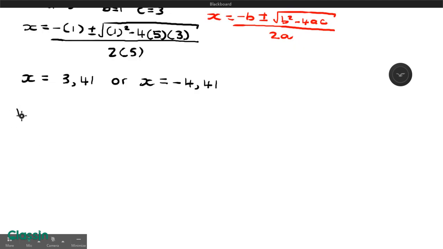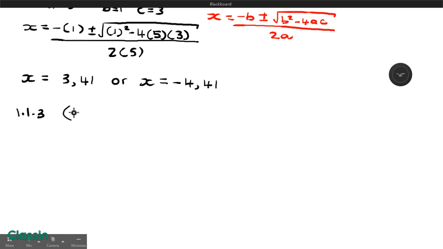Then you also have 1.1.3. On 1.1.3, in most cases, they will give you the inequality questions. I'm not saying it's every time, but in most cases. Let's check.